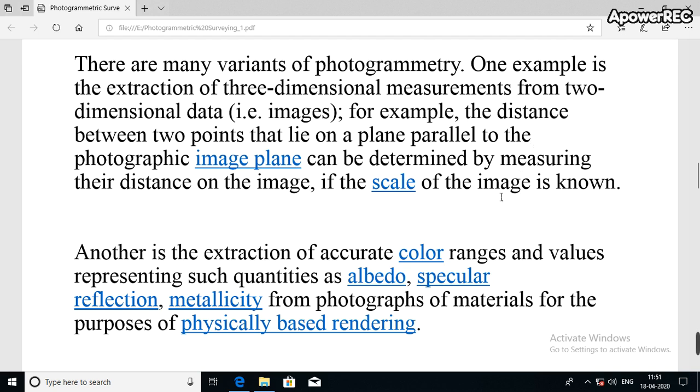Another is the extraction of accurate color, albedo, specular reflection, and metallicity from the photograph. So these are the various applications of photogrammetry. Obviously, they are related to photography and some analysis will be there.